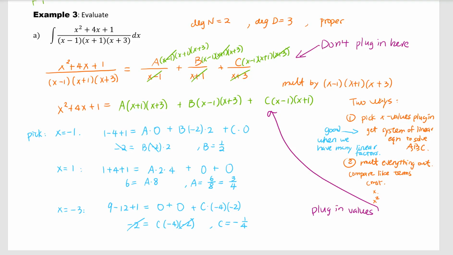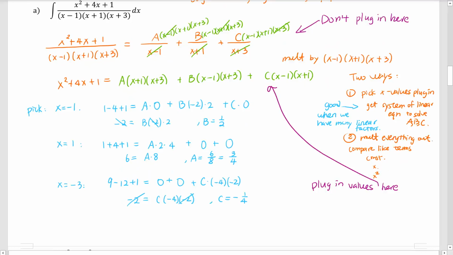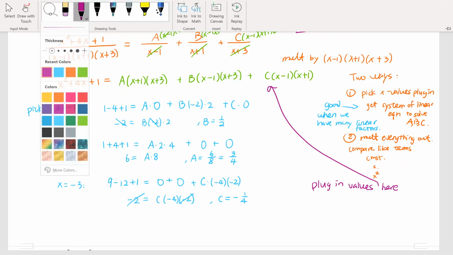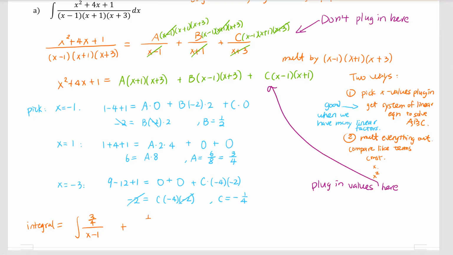Okay, all right. So let's continue. We have A and B and C. Okay, finally. Our integral, I don't want to copy everything. So the integral is, we can decompose. A is 3/4 over x minus 1. Plus B is 1/2 over x plus 1.